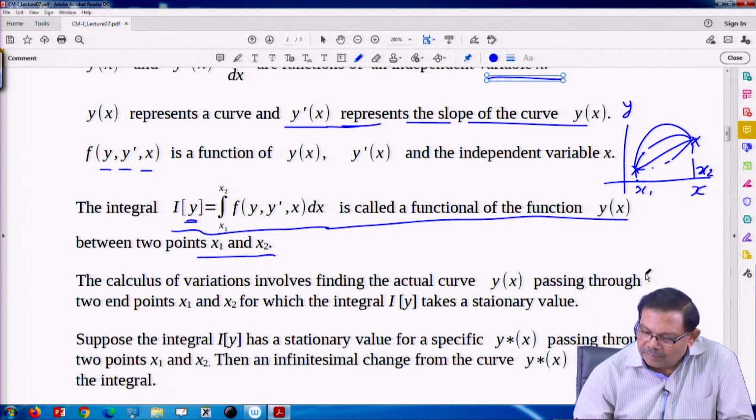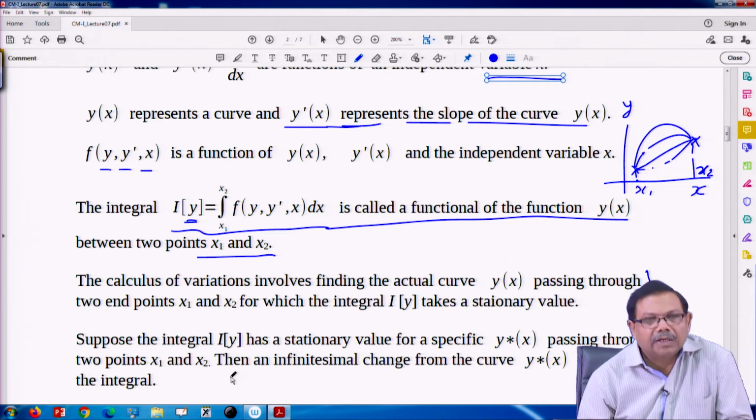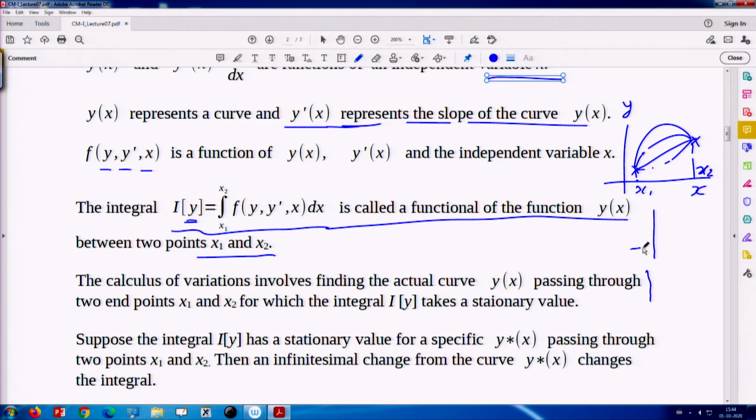This problem is handled through the so called calculus of variations. Suppose by some method I find out this is a particular curve which is going to give me a stationary value of integral I.